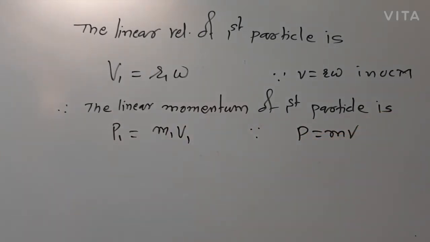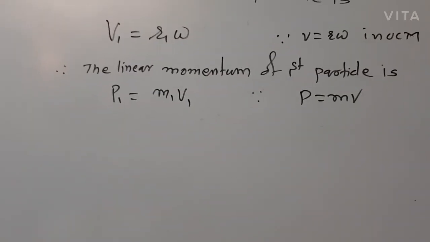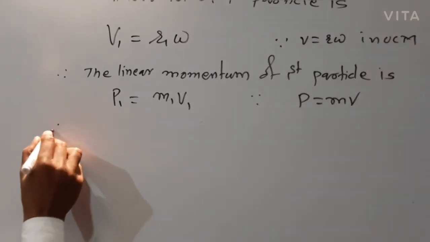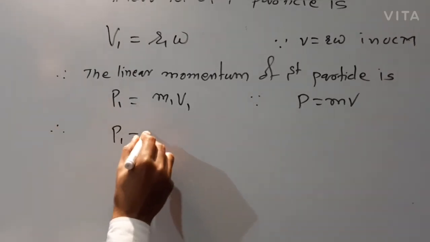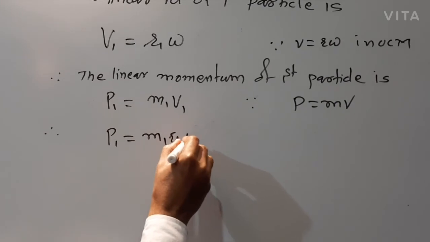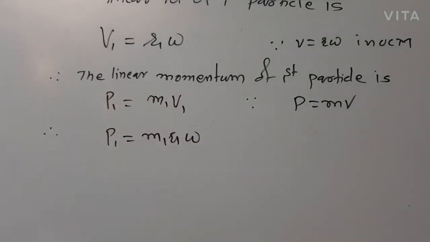This is the formula for the linear momentum, and therefore P1 is equal to M1 R1 into omega.